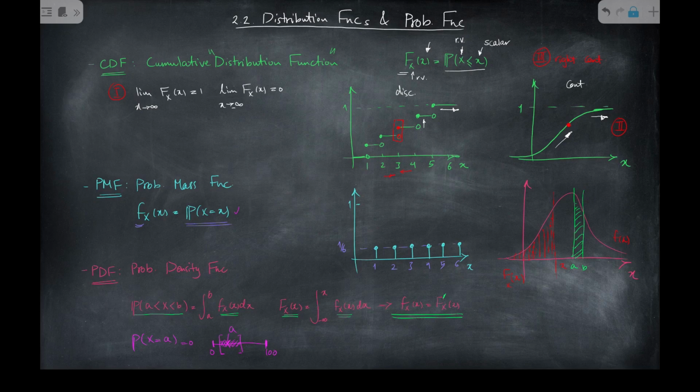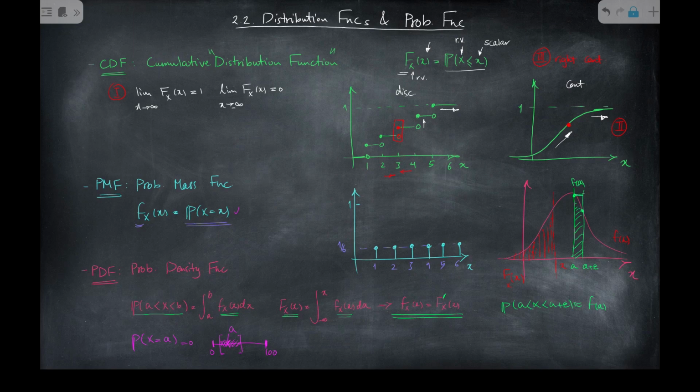Okay. And another interpretation of f of x is in the limit. Let's assume that we have a plus some small number epsilon. The probability of x being between these two numbers is approximated by f of a. At this point, these two are very close, for example, if epsilon is small.